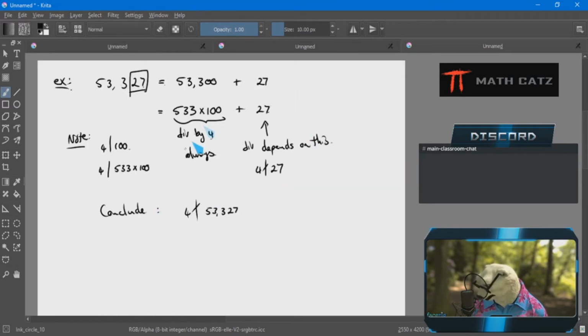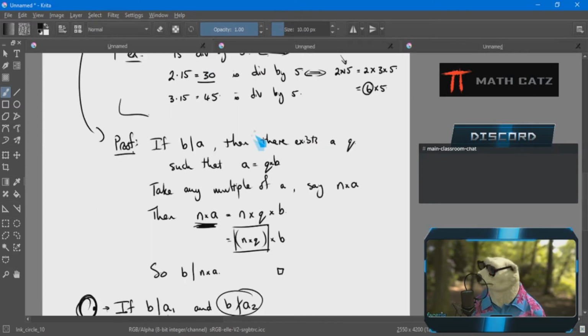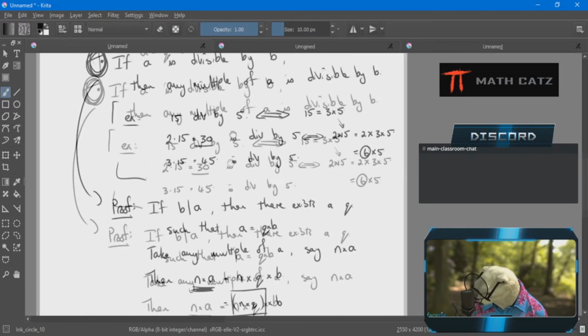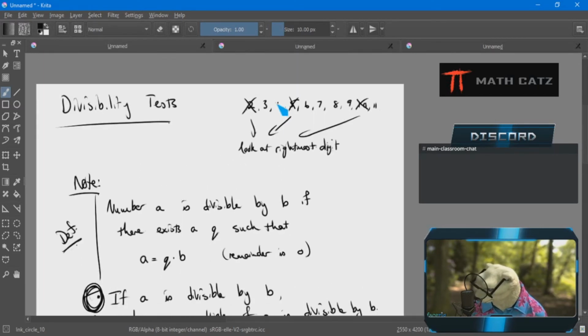Alrighty. So that is 4. Let's go cross it out. So I want to have a sense of why the test for 4 is what it is, whether I can reproduce that whole explanation, or whether I can just do it by an example.